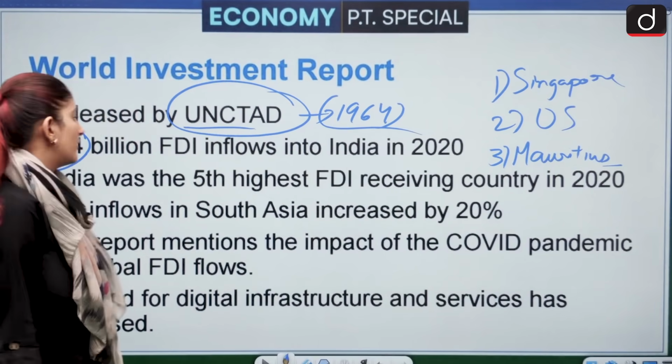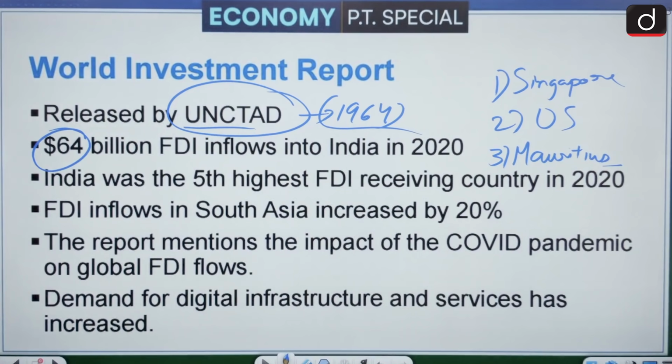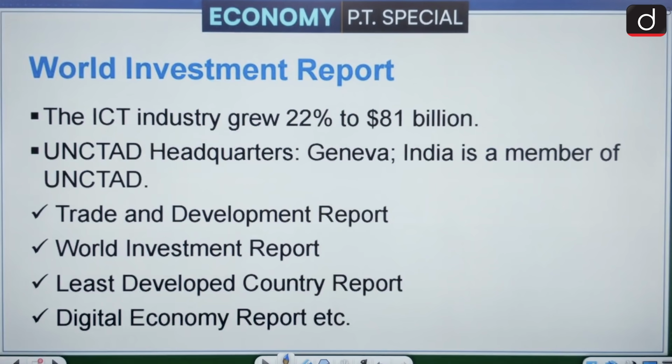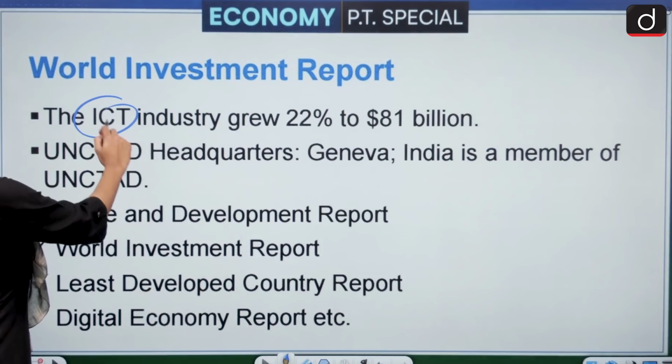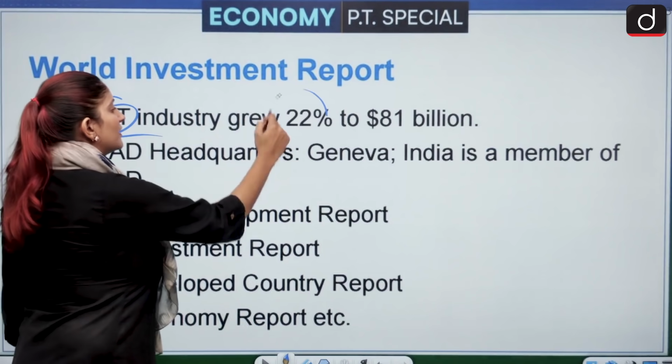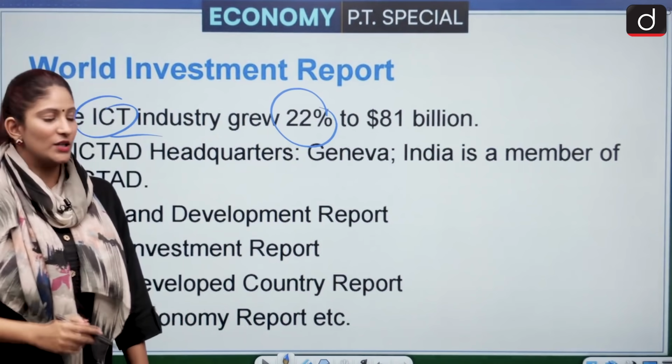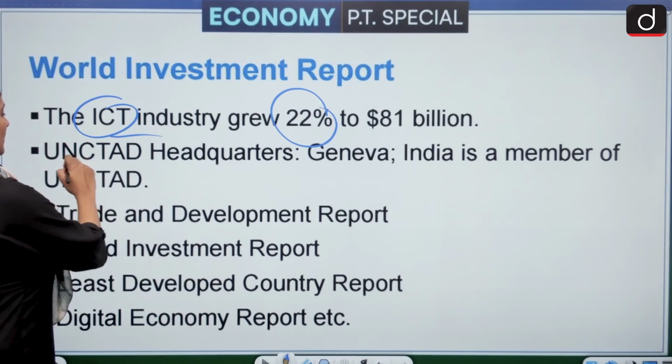Alright, let's move forward. FDI inflows in South Asia have increased by 20%. The report has mentioned the impact of the COVID pandemic on global FDI flows, and demand for digital infrastructure and services has also increased. The World Investment Report tells that the ICT industry grew by 22% to $81 billion.